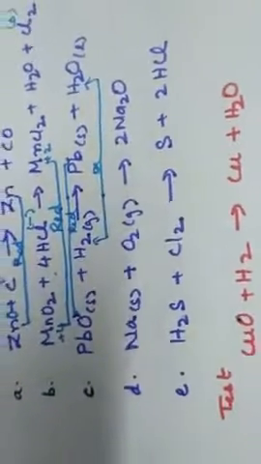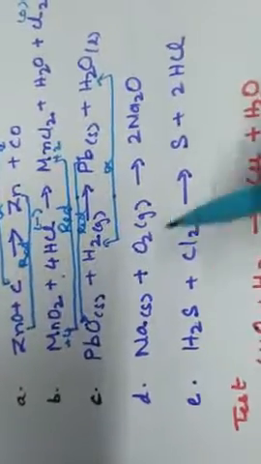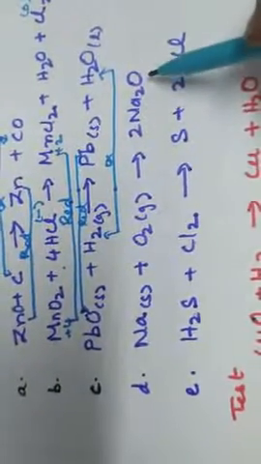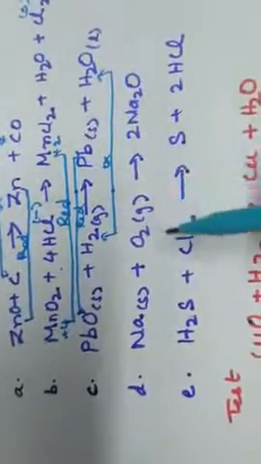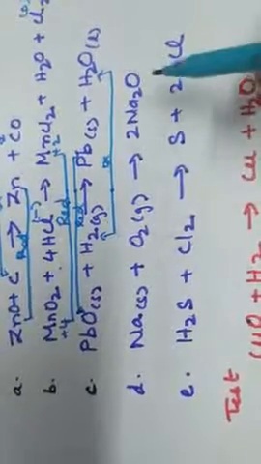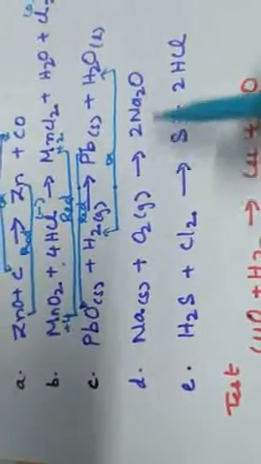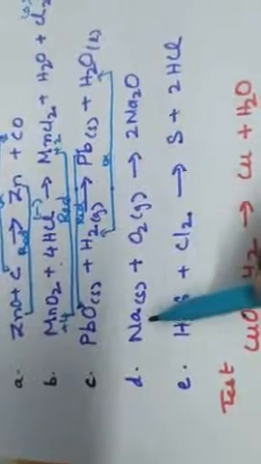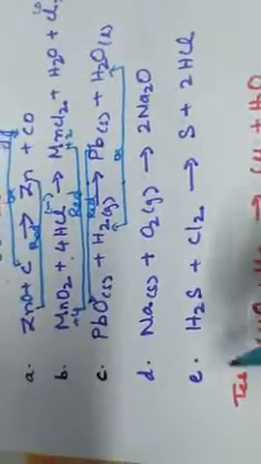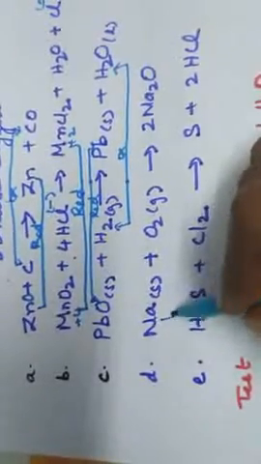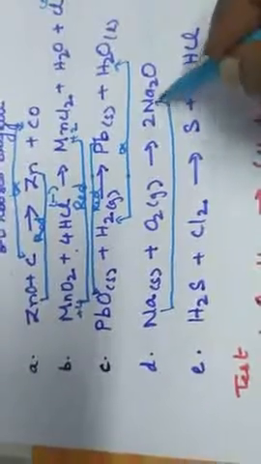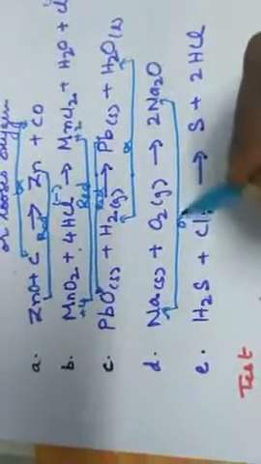Then we have sodium sulfide and oxygen giving you sodium oxide. Now we have to tell what is oxidized, what is reduced. It is one compound which is formed, a combination reaction. Sodium gains oxygen, so sodium is getting oxidized. Now what is reduced?